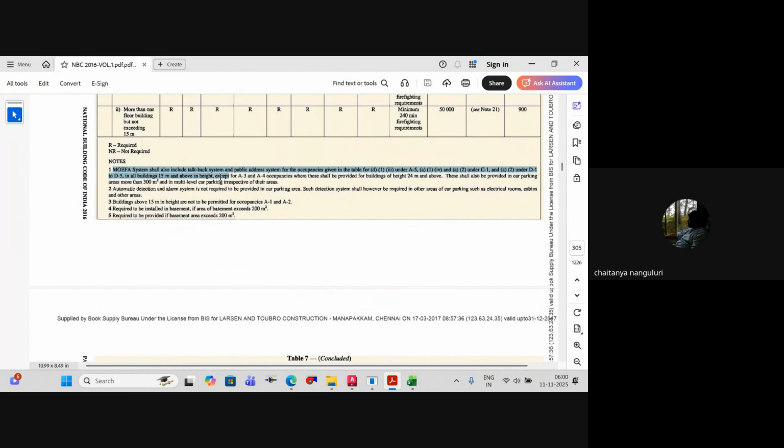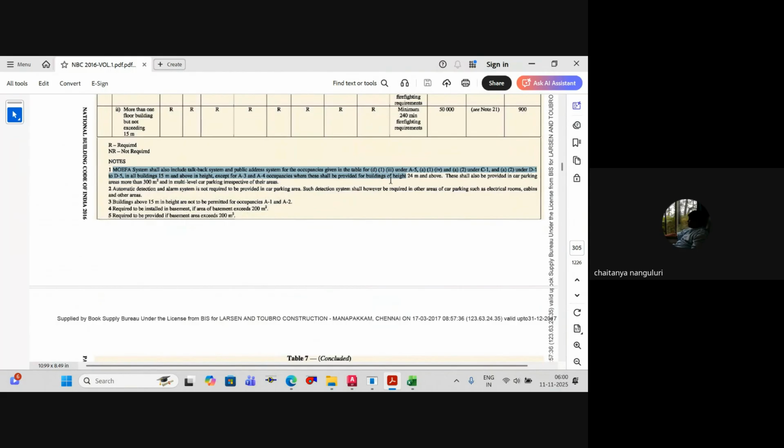Define the building 15 meters above in height, except for A3, A4 occupancy, shall be provided for a building height of 24 meters.